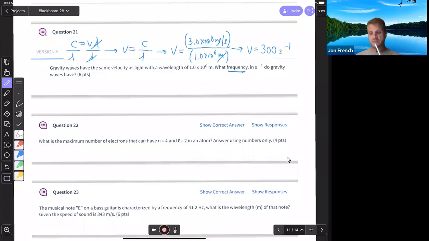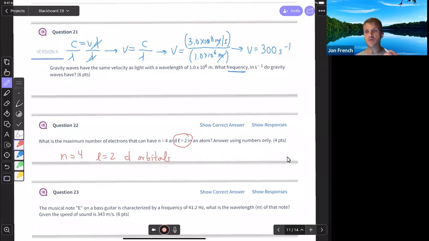For question 22, what is the maximum number of electrons that can have n equals 4, L equals 2? So n equals 4, we're at the fourth quantum level, but that's not what's important here. What's important here is that L equals 2. When L equals 2, we're talking about d orbitals.